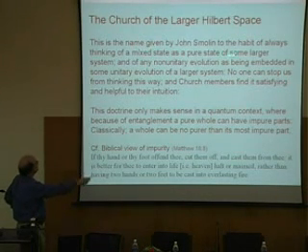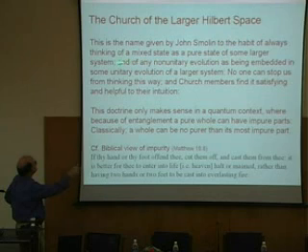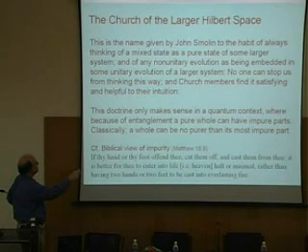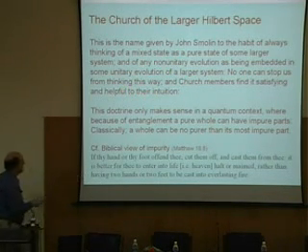The Church of the Larger Hilbert Space says that all evolution is distinguishability preserving. And if we think something random is happening, it's merely because there is a larger system that is evolving in a non-random direction, but we've lost sight of part of the system.